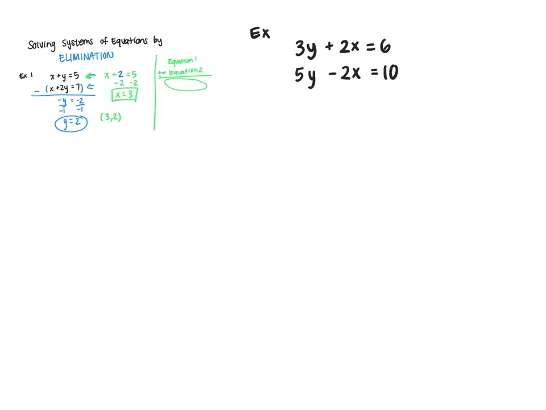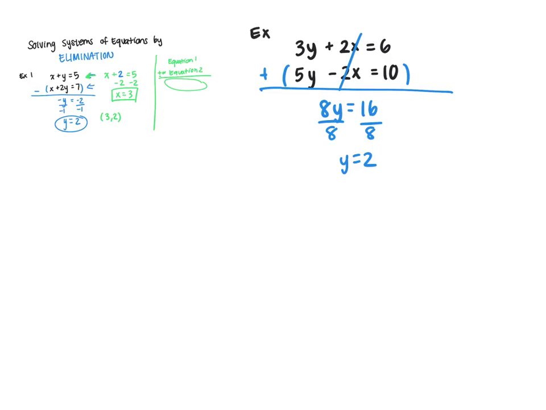Well, if we look at this, we can see if we add 2x and negative 2x, we eliminate x from the system, which is what we want. So we can add these, and we get left with 8y equals 16. So divide by 8 on both sides, and we get y equals 2.